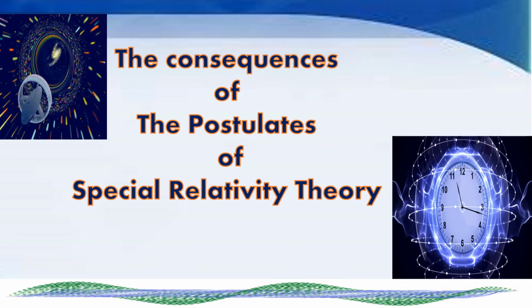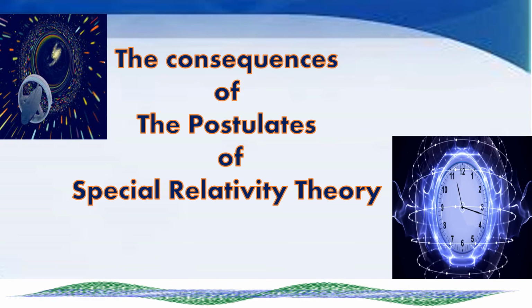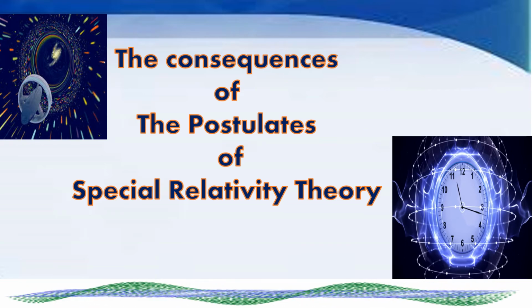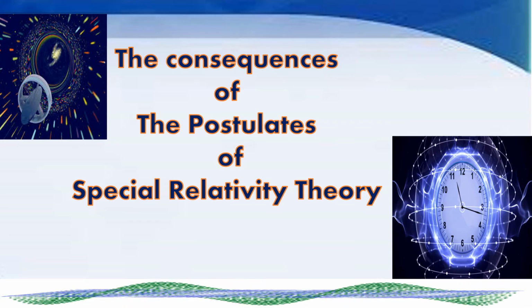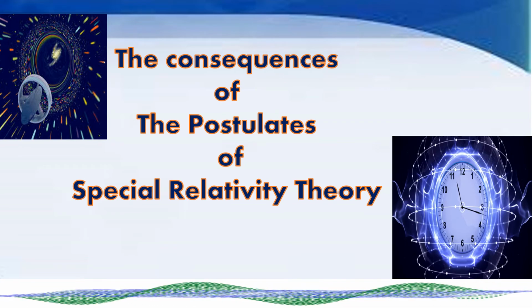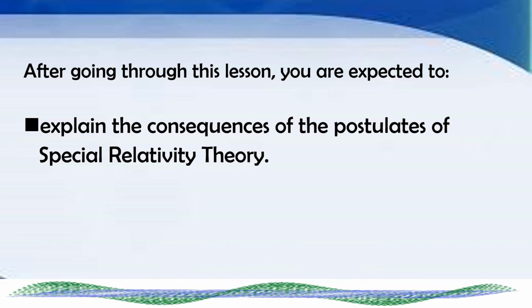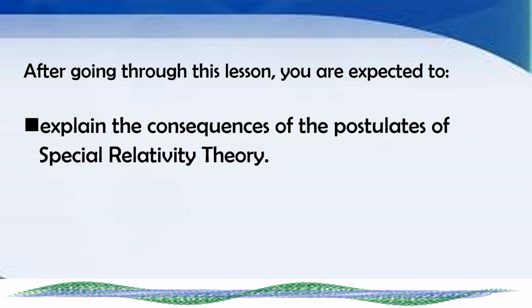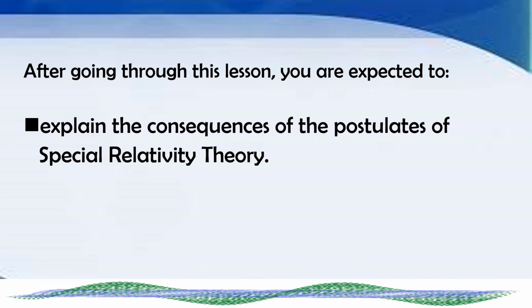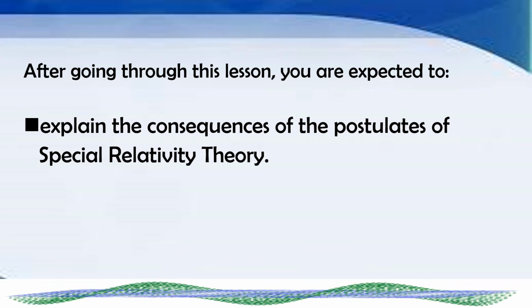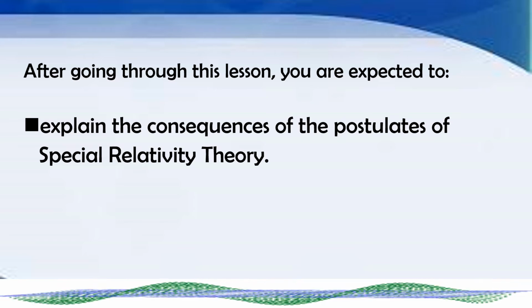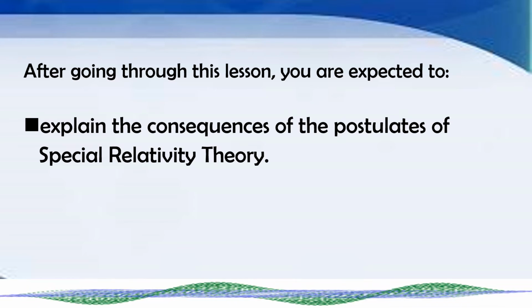Okay, now we will move on to the consequences of the postulates of special relativity theory. Our learning objective for this lesson is to explain the consequences of the postulates of special relativity theory.